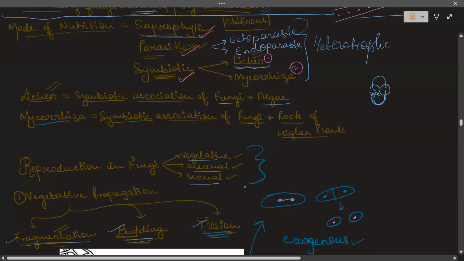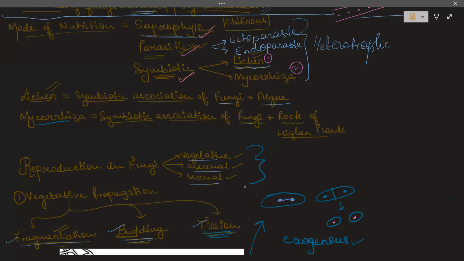For example, the fungi and the roots of higher plants. The fungi make the nutrients available to the roots of higher plants, and the roots of higher plants give shelter to the fungi. So both of them are benefiting each other, helping each other. This kind of relationship wherein both of the partners derive benefits from each other is symbiotic association. Clear? Yes, ma'am.